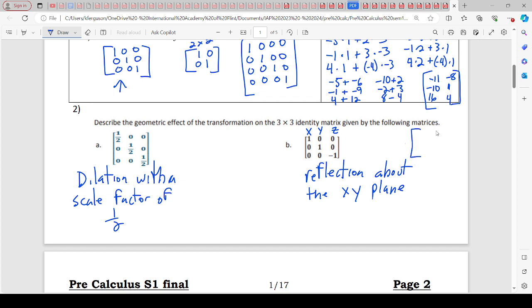If I have an identity matrix that has a -1 as the first element, the X is negative, so it would be a reflection about the YZ plane.